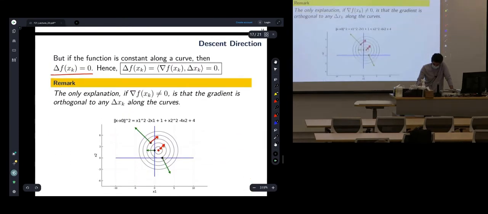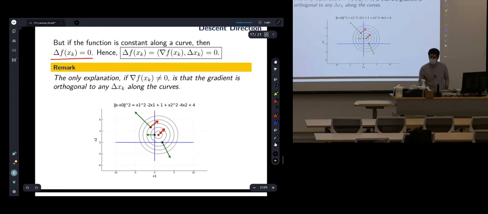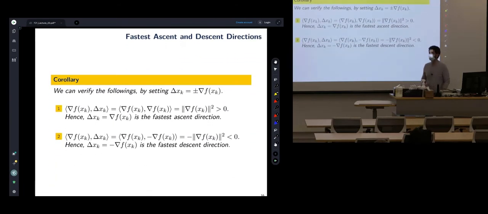But regardless, that's the direction in which we can maximally increase our function. So the negative of that will be the direction in which we can maximally decrease our function.